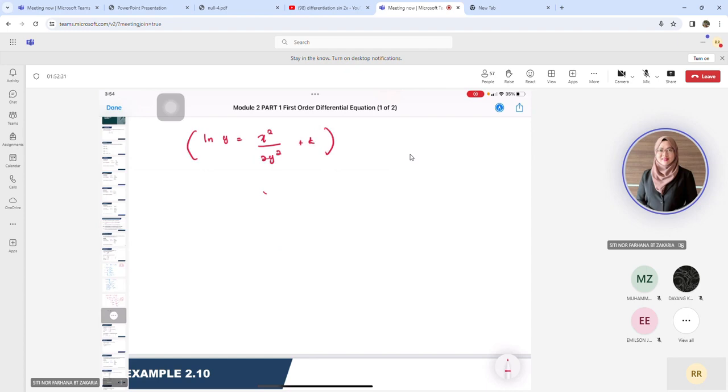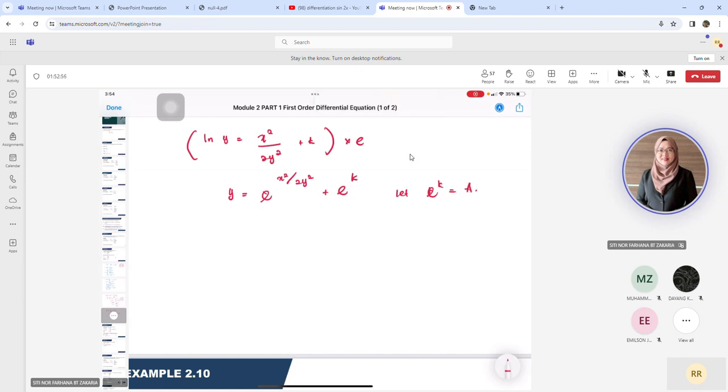This one will become times exponential. So what remains is y equals to exponential x power of 2 over 2y power of 2 plus exponential k. Okay, let exponential k equals to a.